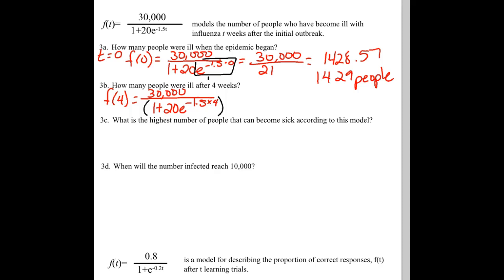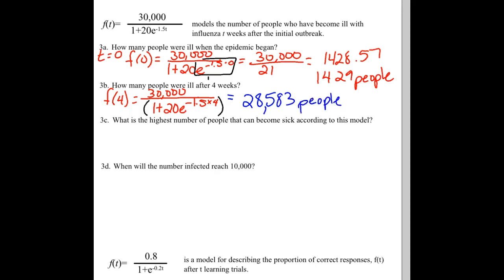What are we getting? What'd you get? I had like 28,000 something. 28,582? Okay, so 583?